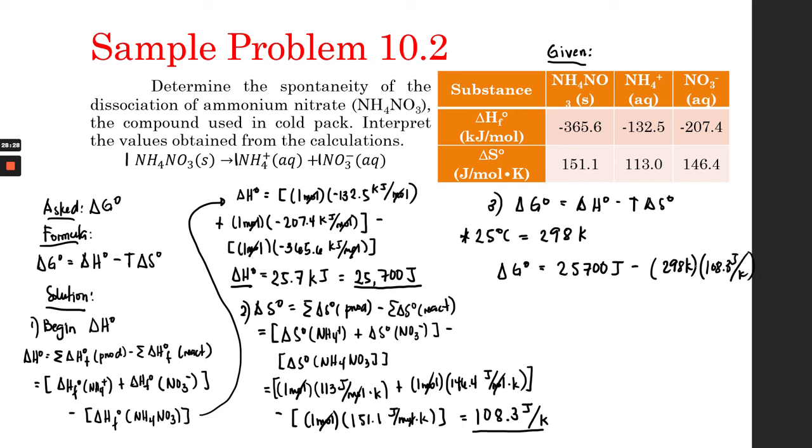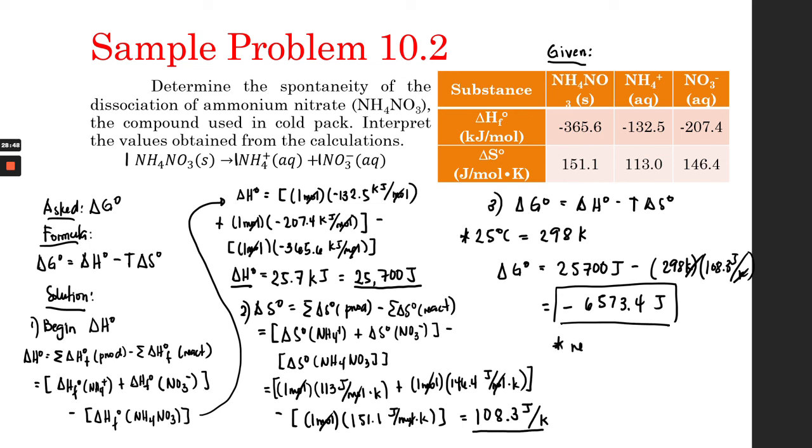Okay, you can see now why you need the Kelvin, because you can cancel the Kelvin, and what you're left with here is basically negative 6,573.4 joules.